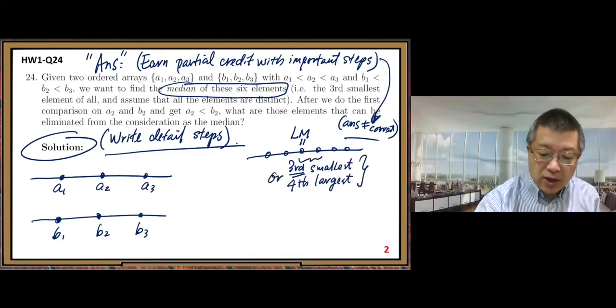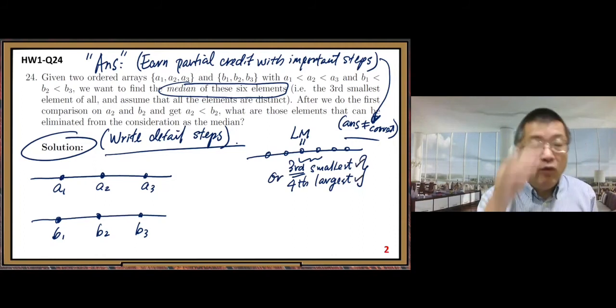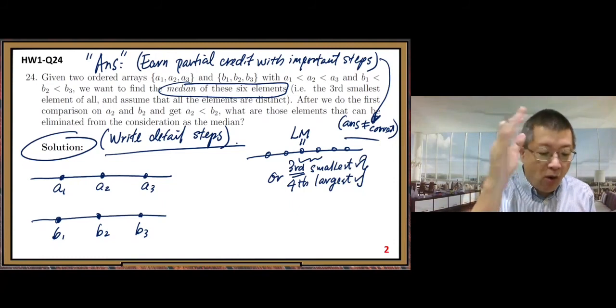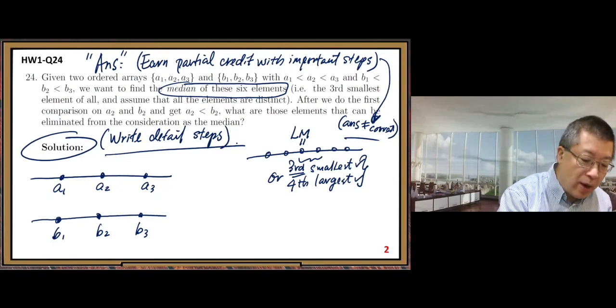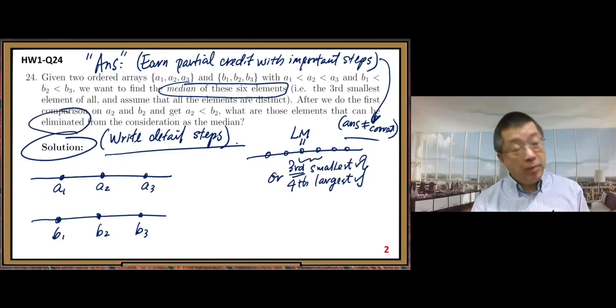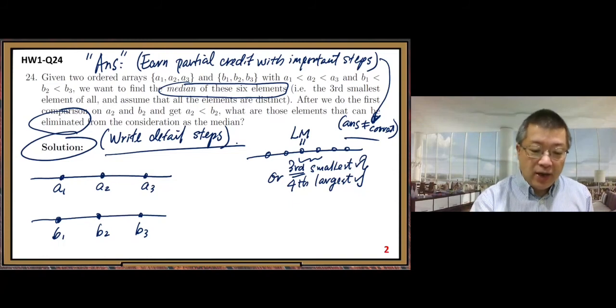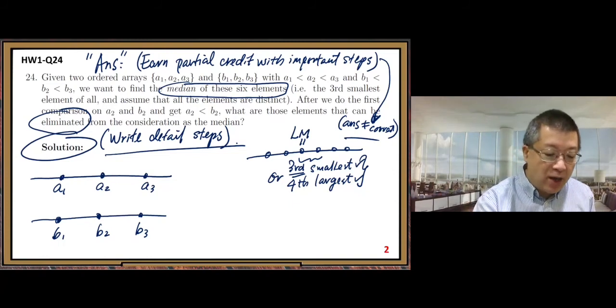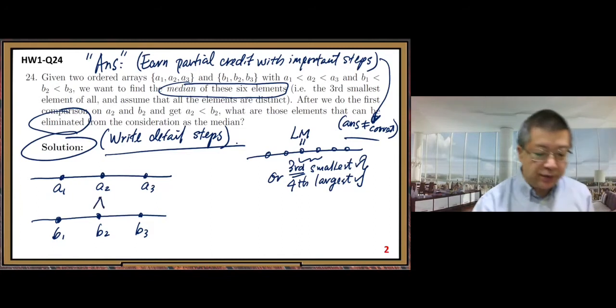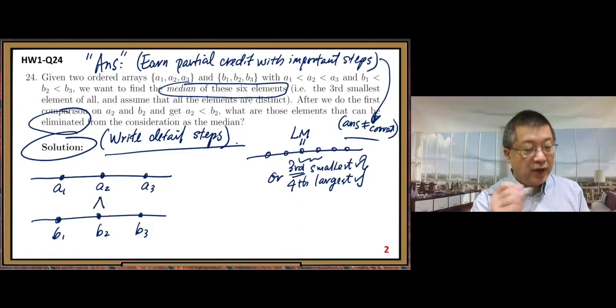Because when we look from 2 different ways, we can get more information to help us eliminate more elements. Because here we are talking about elimination again. Elimination method again. All right. So what are those elements that can be eliminated from the consideration if we know A2 less than B2 with this given information?